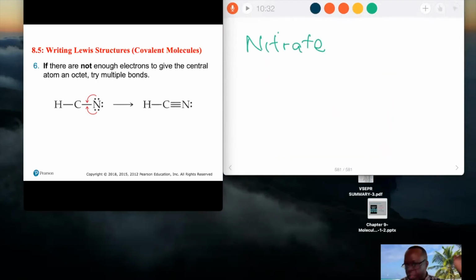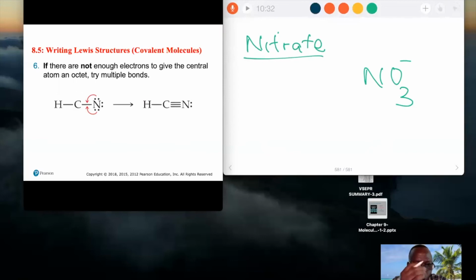They expect you to know the chemical formula for nitrate, all right? Nitrogen dioxide, nitrogen trioxide, but if you have an overall charge of negative, that is the nitrate ion. Sometimes you may be given the name without the chemical formula.